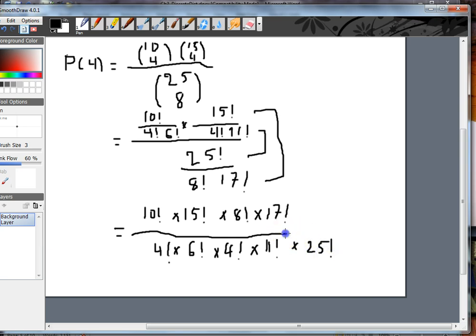Of course you can simplify further or just use your calculator now and get the answer. You need a calculator to get the answer for this one. I want to leave that for you to experiment with, and that's it for the hypergeometric. Okay, take care.